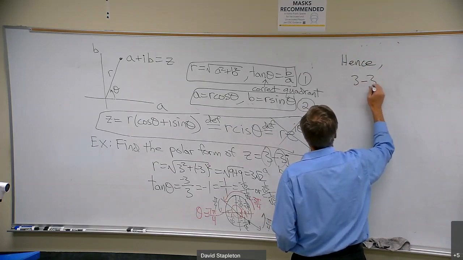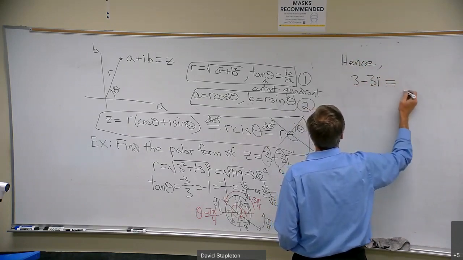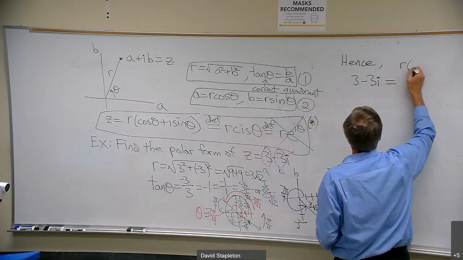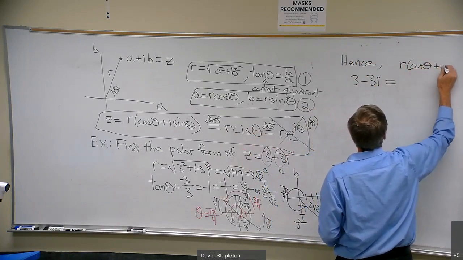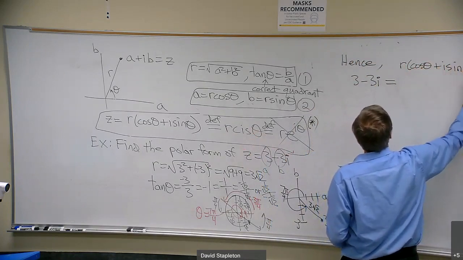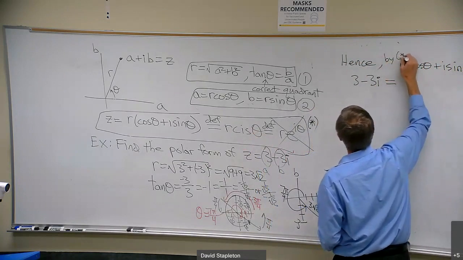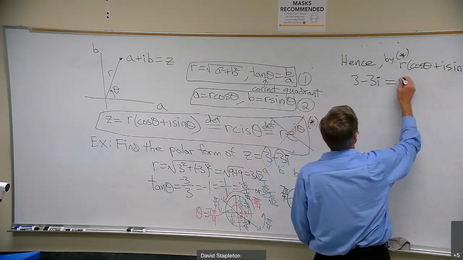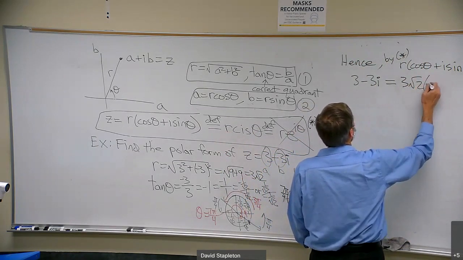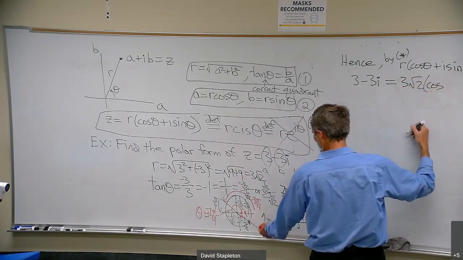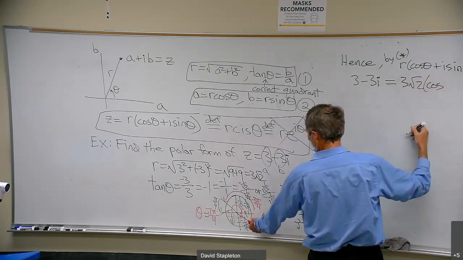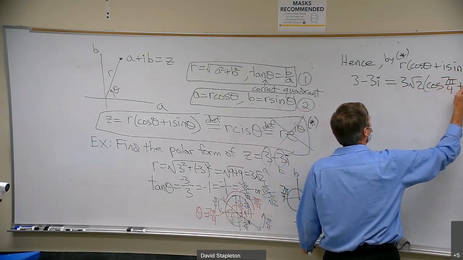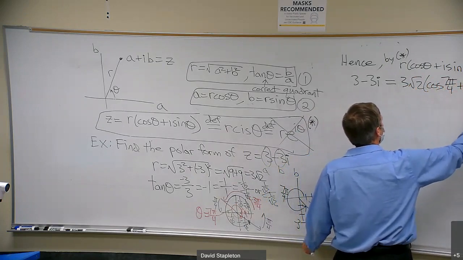3 minus 3i can also be written as r e to the i theta, r times cosine theta plus i sine theta. That's my equation star, where r we found out is 3 square root 2. And we need to multiply by cosine 7 pi over 4, which was the angle to the point, plus i sine 7 pi over 4.